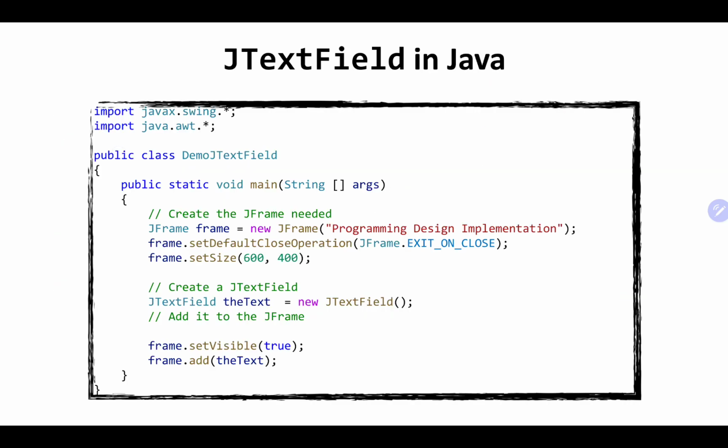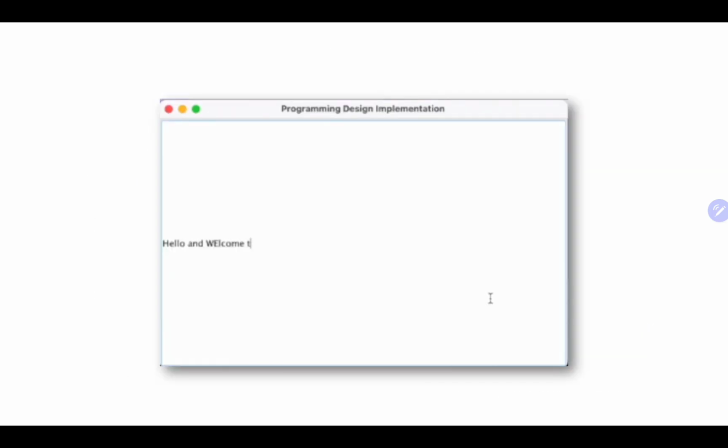Okay, let's go through the example. Basically here, if you look at here, we create a JTextField, and here we don't have any limitation on the size of the JTextField. So when we run, what we get here, actually you cannot see using a graphic here because I'm using my tablet right now, so I cannot run the code for you.